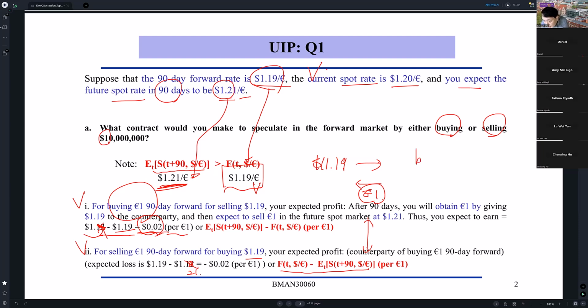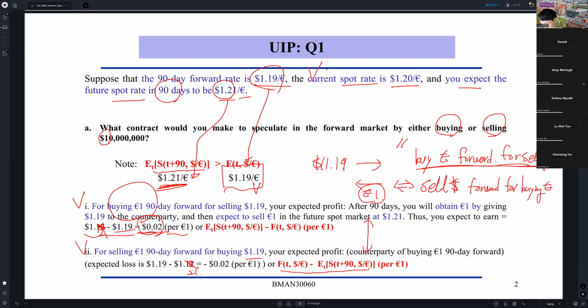So when you say buy euro forward, it's better to add something here: for selling dollar. What you do is actually you're buying euro by paying dollar, so by selling dollars. So this is a more precise way of saying buy euro forward. Then you can say this equivalently in the following way: you're selling dollar forward for buying euro.